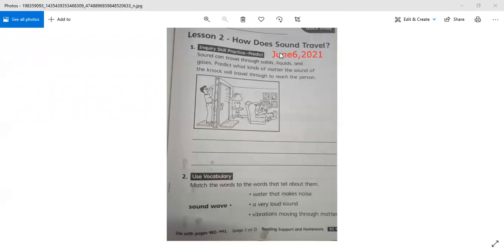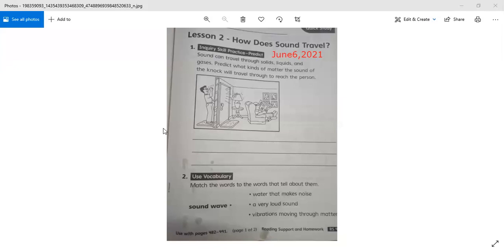Yes, Khadija, you can go. Let me start right now. I will read the question for you, and you will tell me what we will write here.